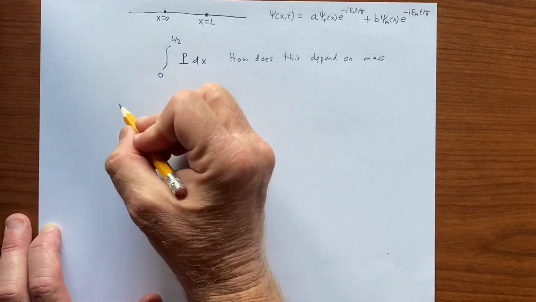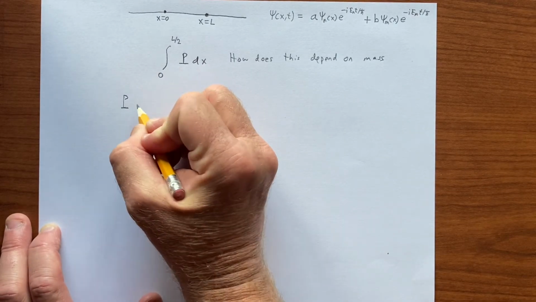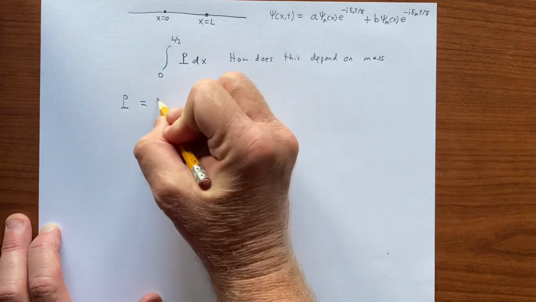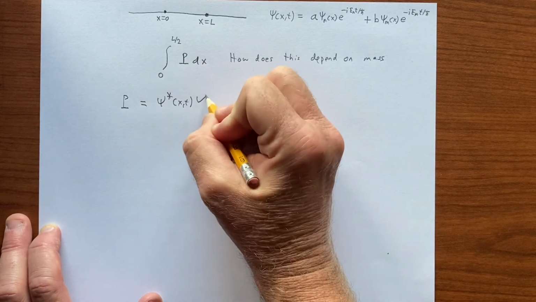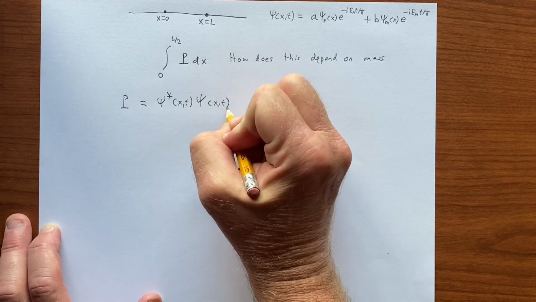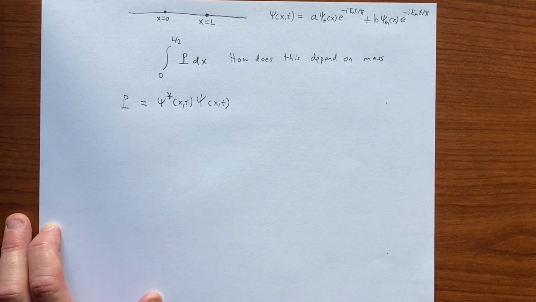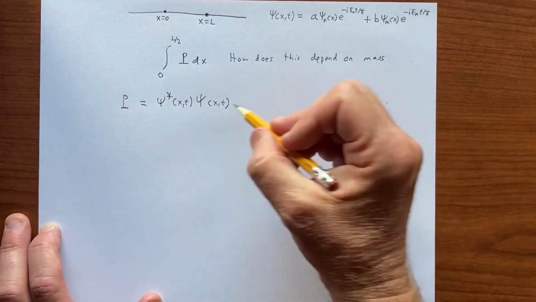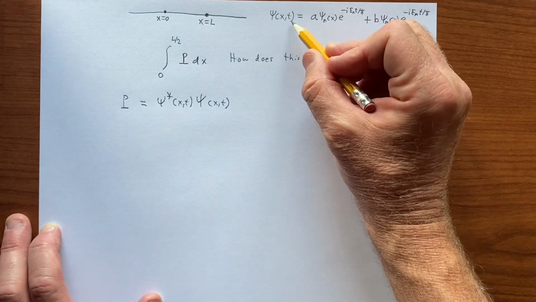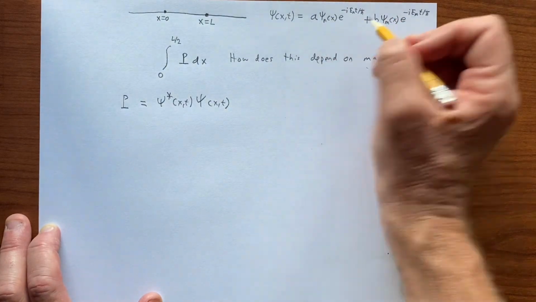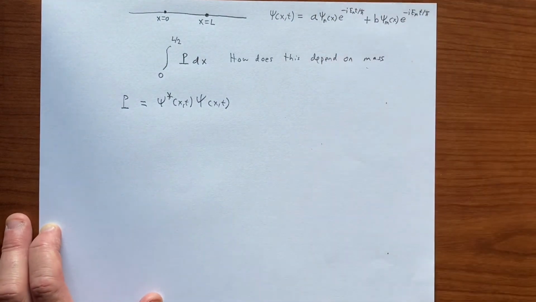So, of course, the probability density is just psi star of x,t times psi of x,t. When we apply that to this function, we're going to get a cross term that involves the cosine of the energy differences.